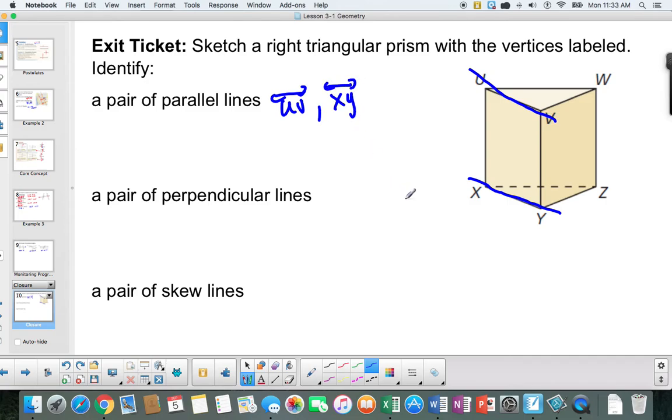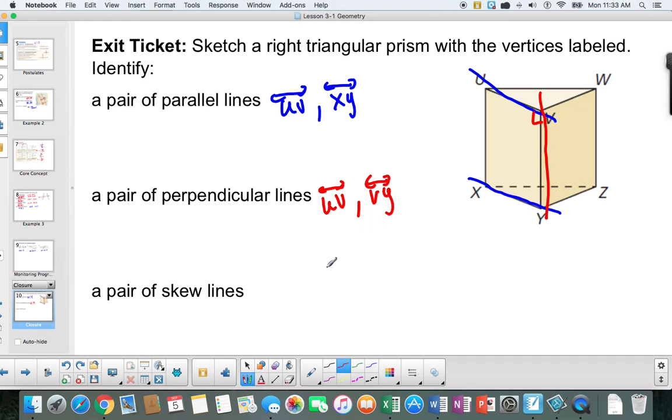A pair of perpendicular lines, I know these are standing straight up, so I know that this is going to make a right angle over here. So my answer is going to be UV again and line VY. I want a pair of skew lines. Skew lines must not be coplanar.